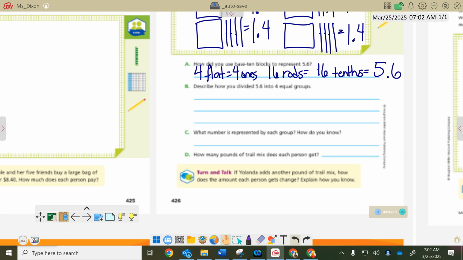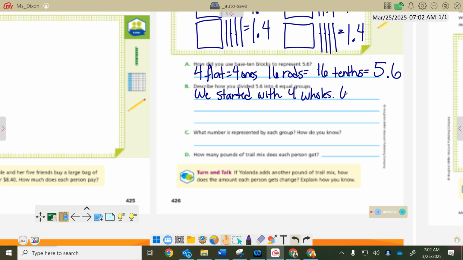Describe how you divided 5 and 6/10 into 4 equal groups. So, in our drawing, we started with 4 flats. Okay? Then what do we do with the 5th flat?